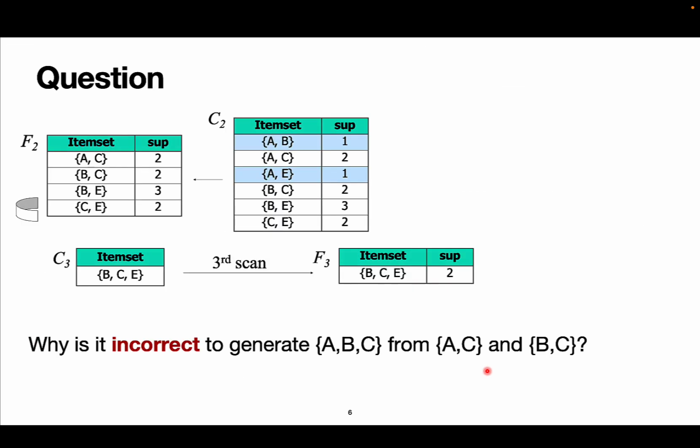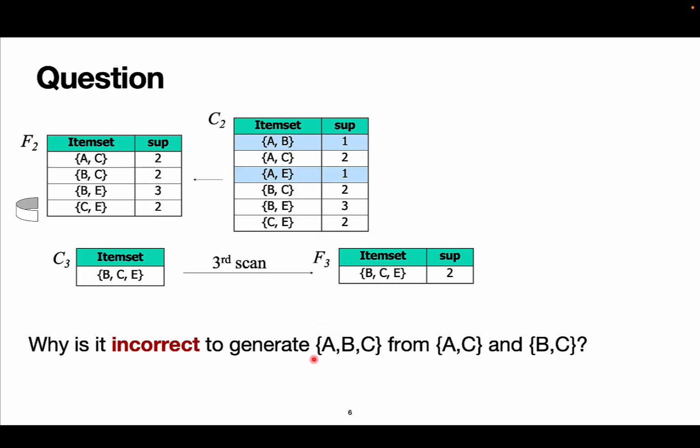Let's go back to the question, why is it incorrect to generate ABC from AC and BC? They share a suffix but not a prefix. If you pay attention to candidate item sets of size 2, you are going to see that AB has support 1, which doesn't meet the minimum support.